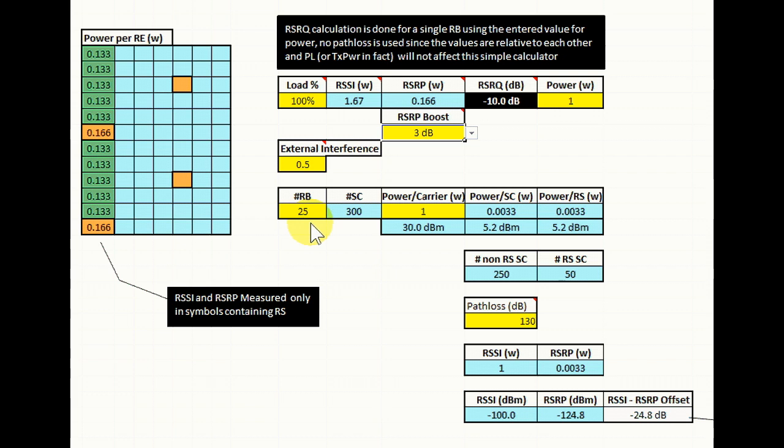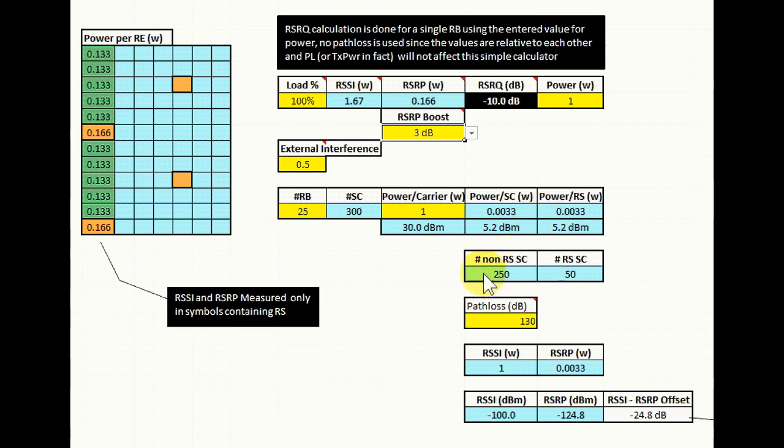So basically this is an indication, of course, of the actual channel bandwidth. Again, we can indicate some sort of power that we're putting into the entire carrier. So my example of just 1 watt here, in fact, is 1 watt being pushed into 25 resource blocks, which of course is in this case 300 subcarriers. So the power per subcarrier, you can see in there 0.0033 watts, and of course the power in the reference signal would be the same in this case.